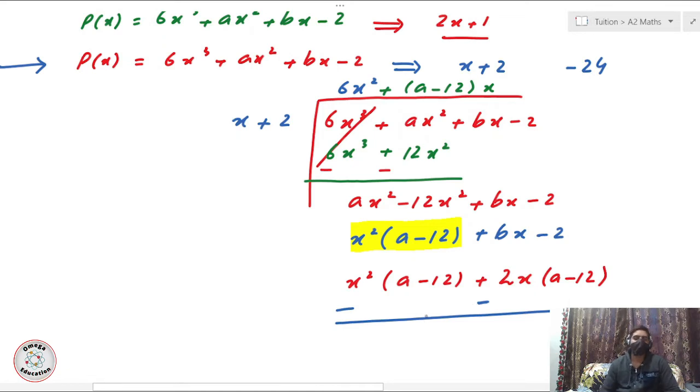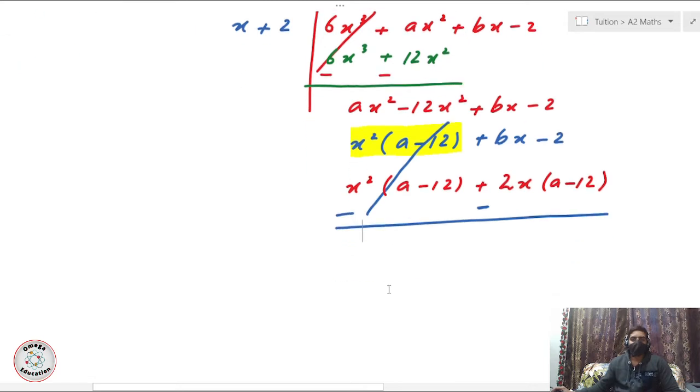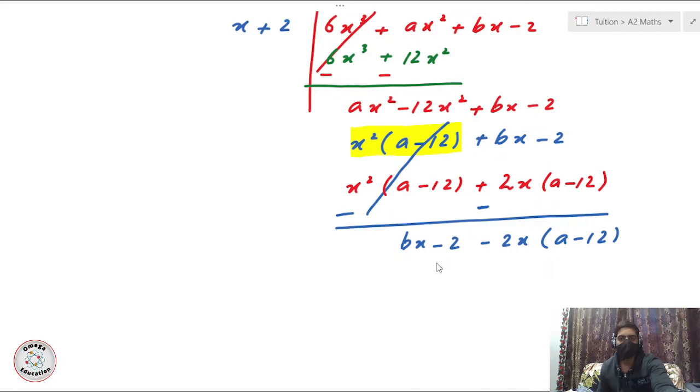Let's reverse the signs of it. This whole thing would be cancelled out, and what you're left with is, actually I brought this thing already, so there's no need to write it down once again. So what we're left with is bx minus 2 minus 2x into a minus 12. Alright, this is what we have so far.